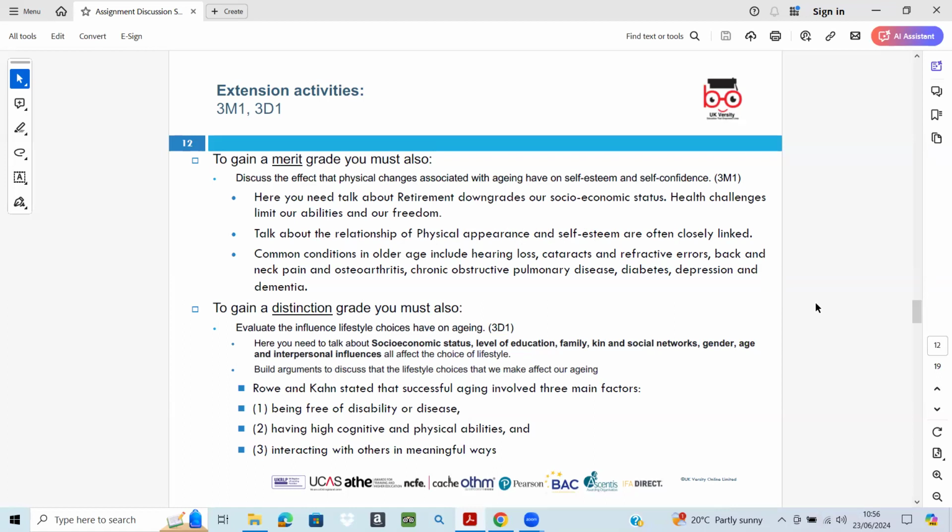We need to discuss the health challenges, and health challenges can limit abilities and freedom, affecting their self image and confidence as well. We could discuss the relationship between physical appearances and self-esteem.